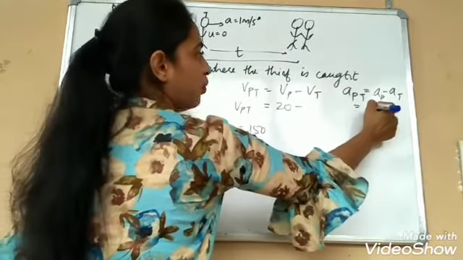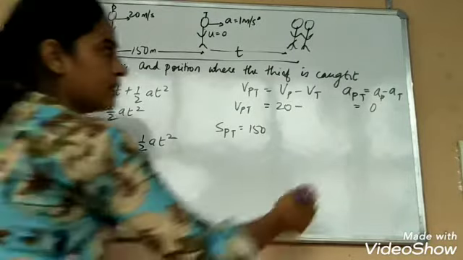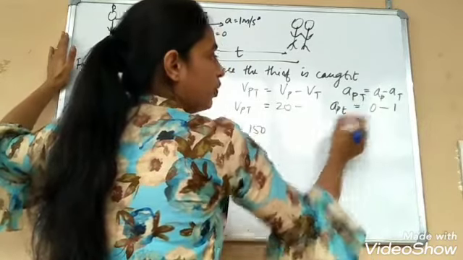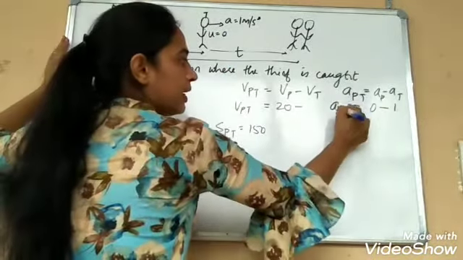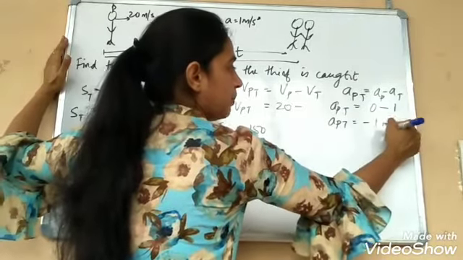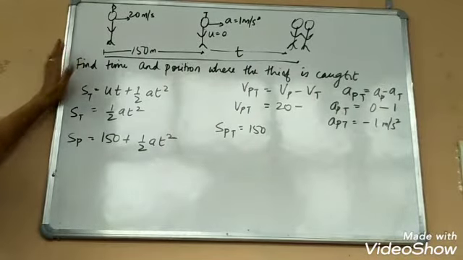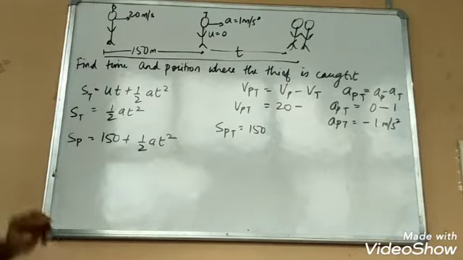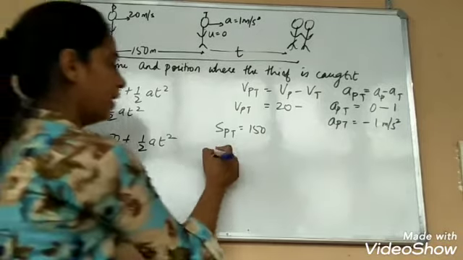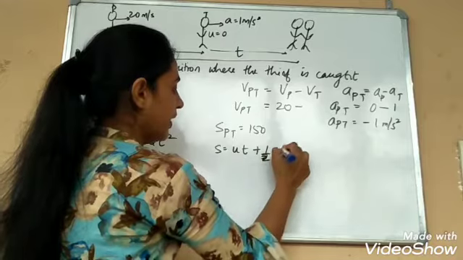The acceleration of police is 0 here because it was not given, so we consider it as 0, minus acceleration of thief, which is 1. So the acceleration of police with respect to thief is -1 meter per second square. If we know this, can we find the velocity? Using s equals ut plus half at square.